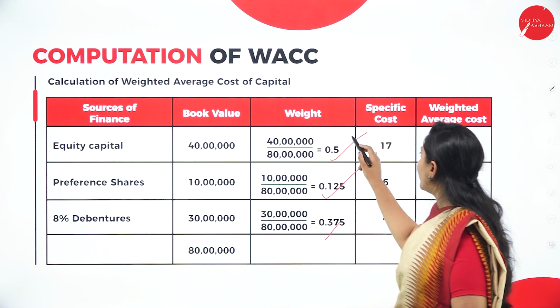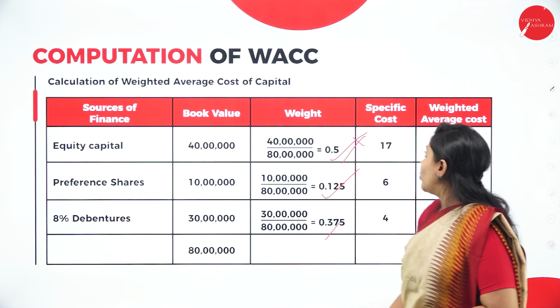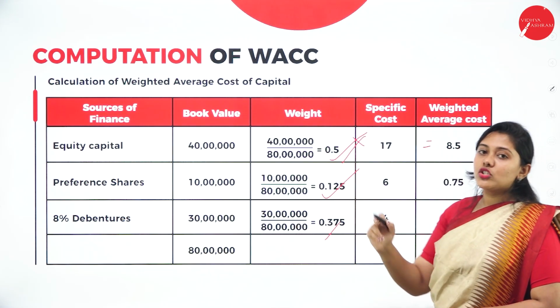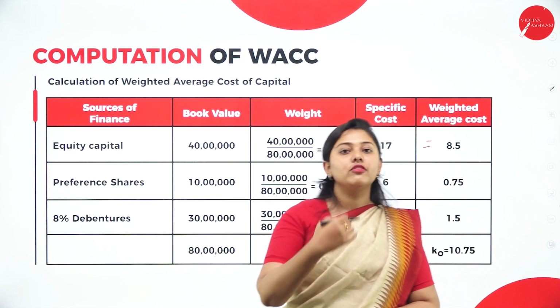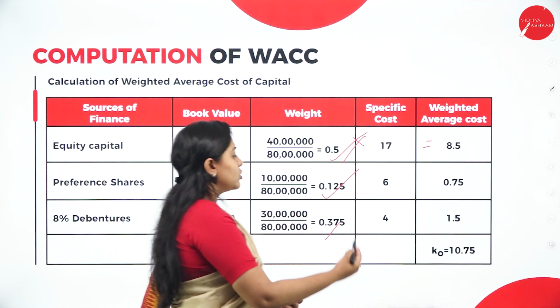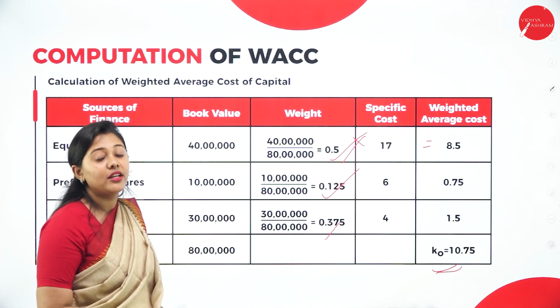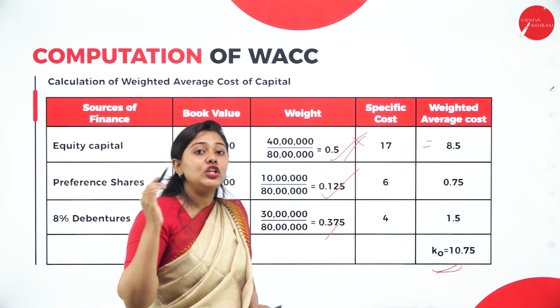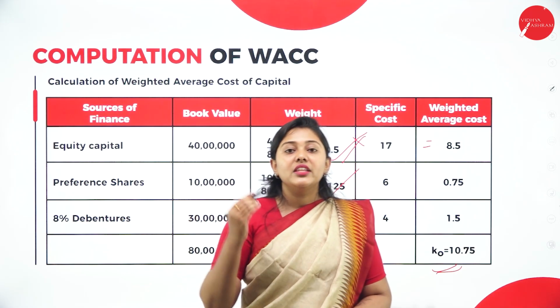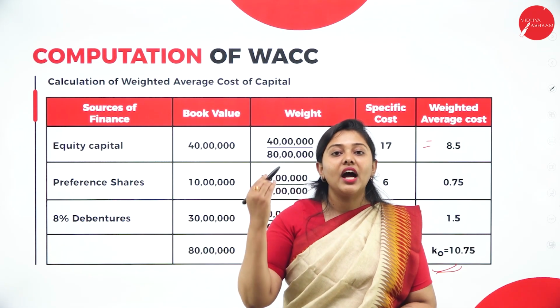If you multiply weight with specific cost, you will get your weighted average cost, and if you calculate for all the sources of finance, the total overall cost will be 10.75%.